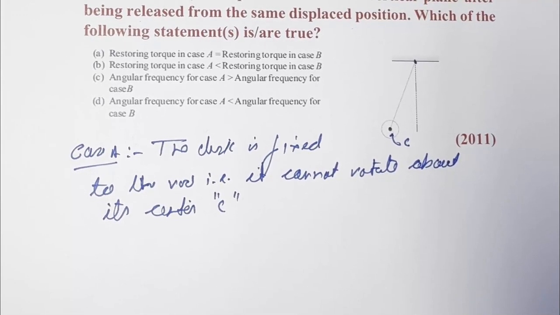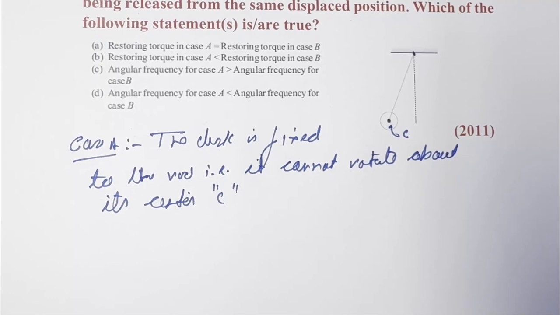So therefore we have to include the disc moment of inertia about the pivot point.